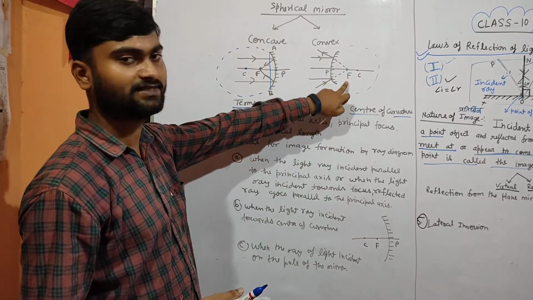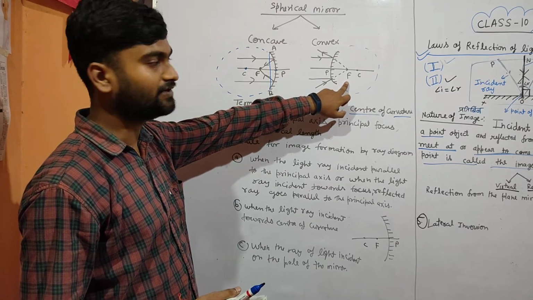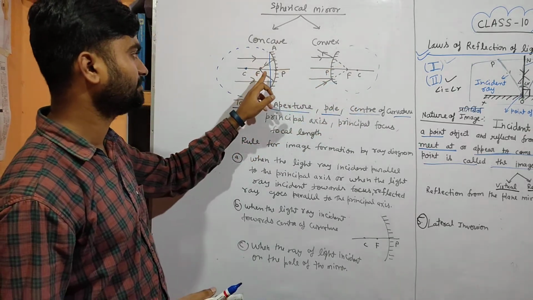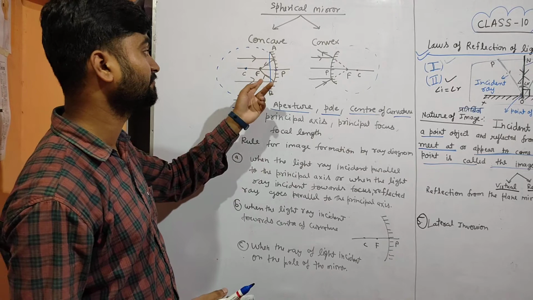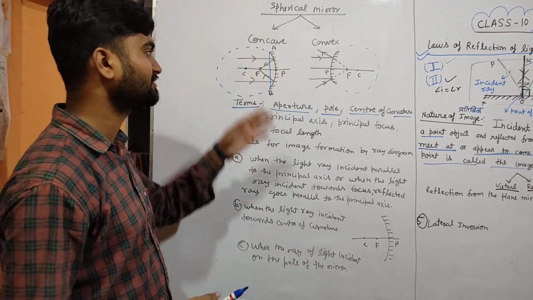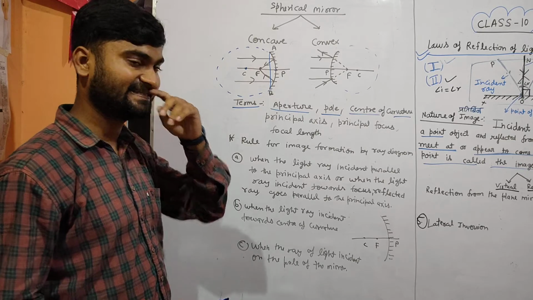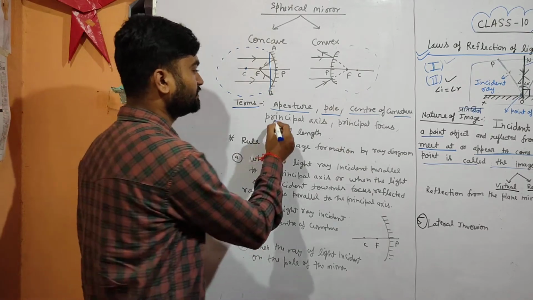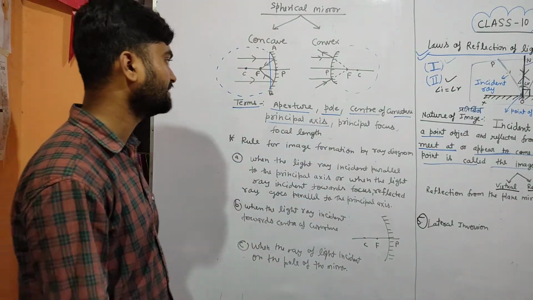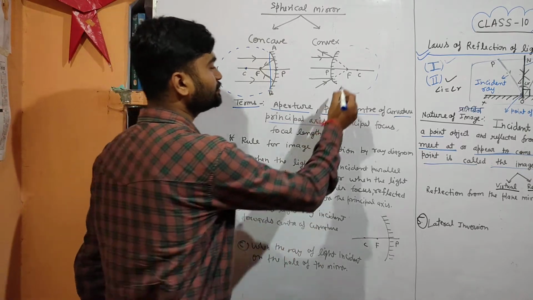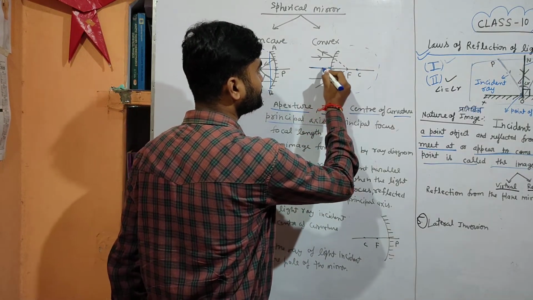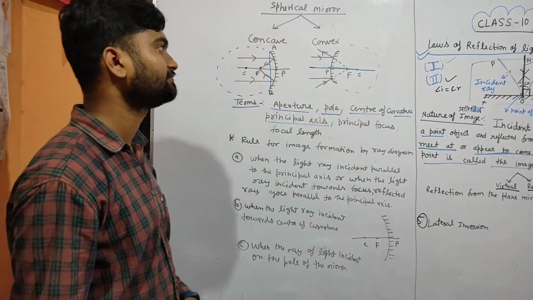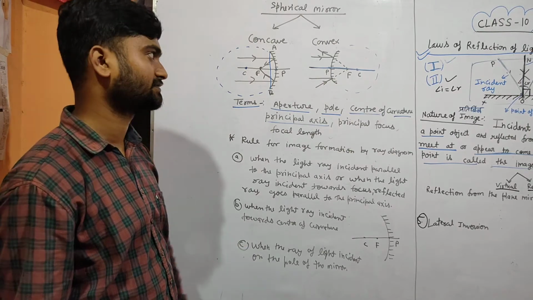The focus of the convex mirror is behind the mirror, the center of curvature is behind the mirror, but in the concave mirror we have the focus in front of the mirror, and the center of curvature in front of the mirror. So these are some basic differences, right? Principal axis, but the concept is the same. The straight line joining the pole and the center of curvature is known as the principal axis, right?